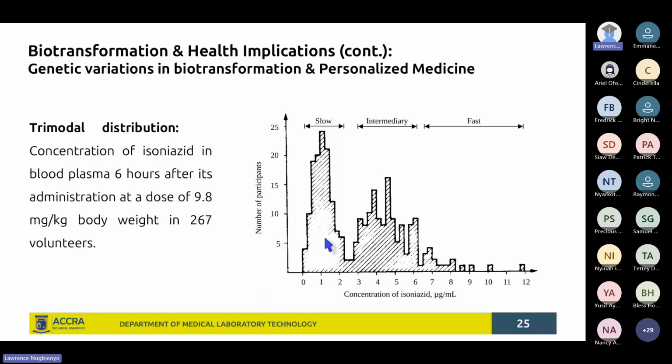So we say personalized or customized dosage, so that the intended therapeutic effect will be achieved, and there will be elimination of any toxic effect, or at least a reduction of any toxic or adverse effect of the drug in the end.